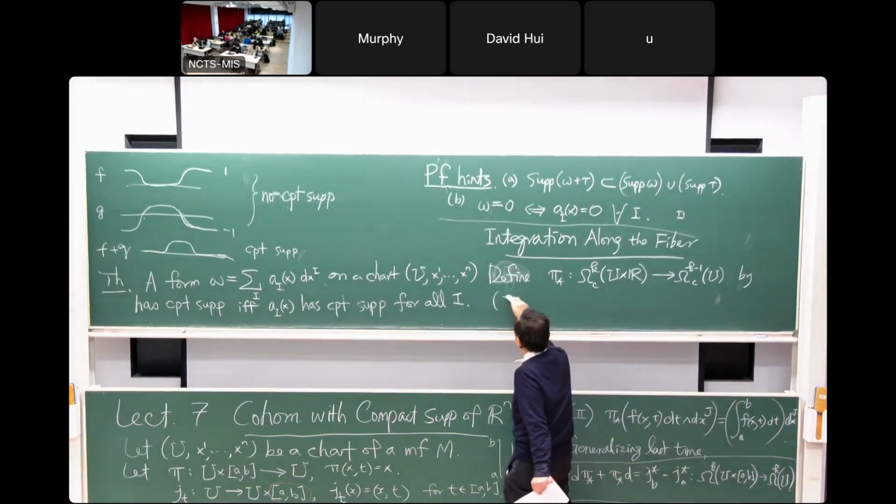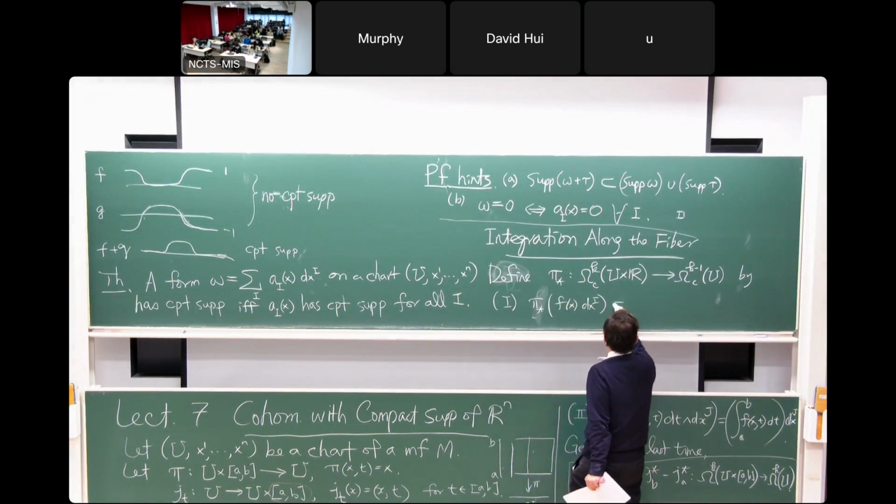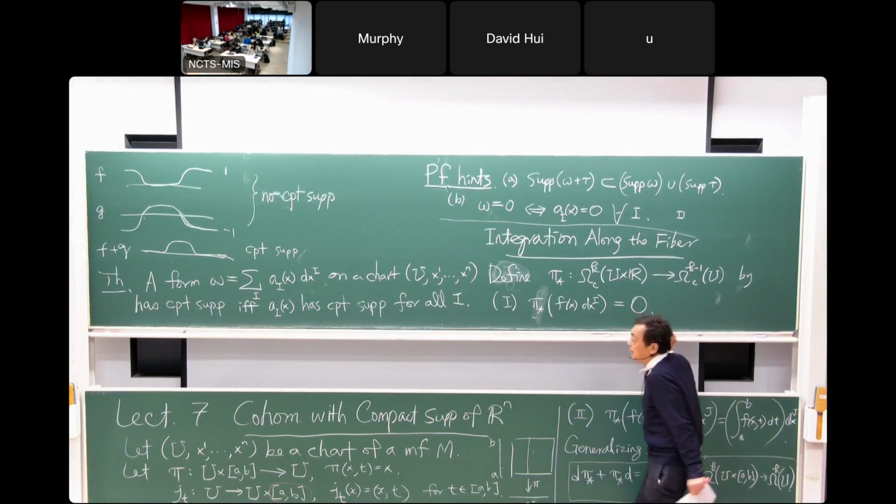on type 1 forms, pi lower star of f of x dxi is 0.